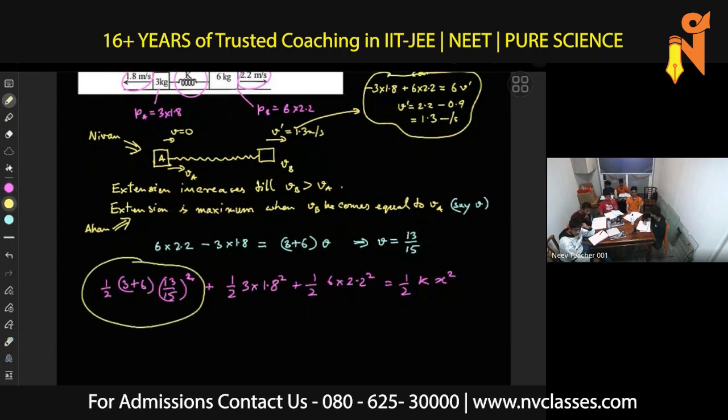So conservation. Total kinetic energy after the spring has extended, plus the kinetic energy the bodies were having before the spring extended, is equal to the spring energy is what you have written, which doesn't make any sense. Like, what is this? You have just connected some things.